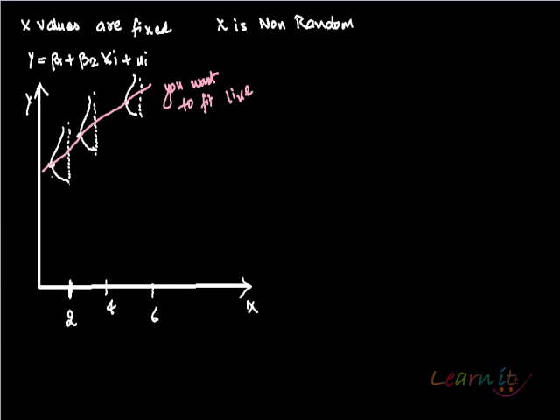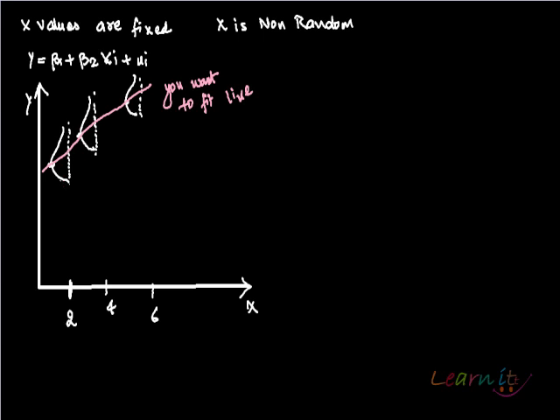On an average, of course, that's the next assumption, the error term should have zero mean. But the only thing for this assumption is that x values are fixed and x is non-random.